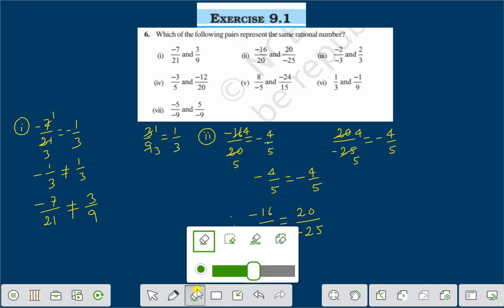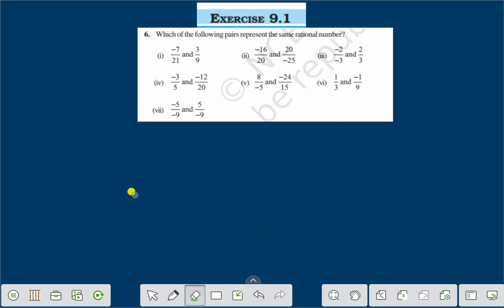Question number 3 is minus 2 by minus 3 and 2 by 3.